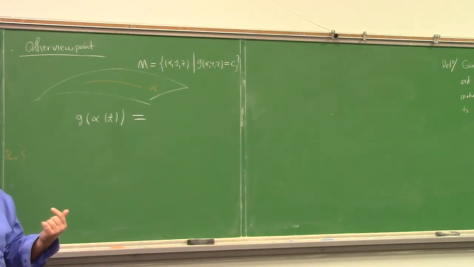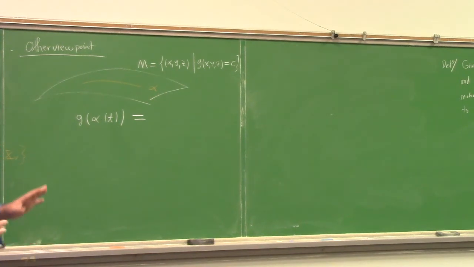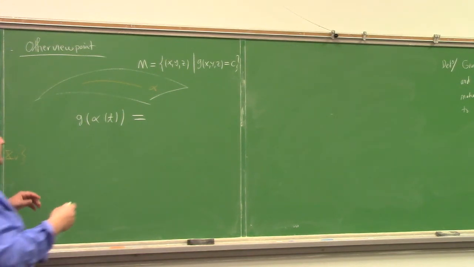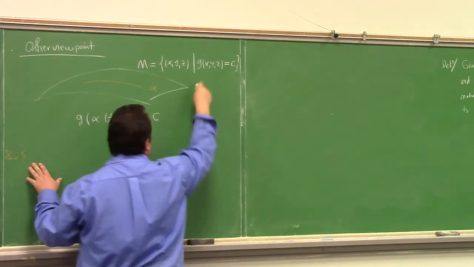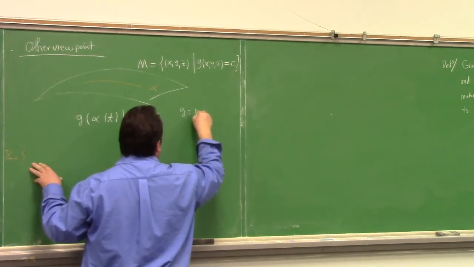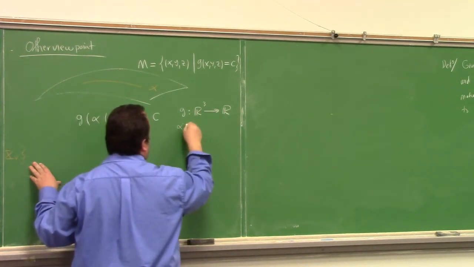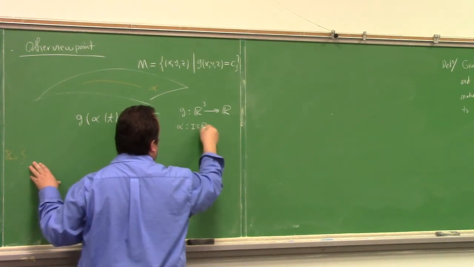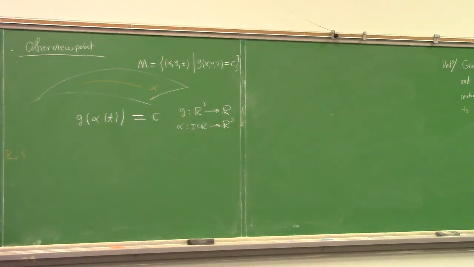But a simple and elegant way to say that is that G of alpha of t is equal to C. Now notice that this G is a function from R3 to R. Alpha, in contrast, is a function from some subset of the reals to R3. So you can compose them, and that means we can differentiate this.